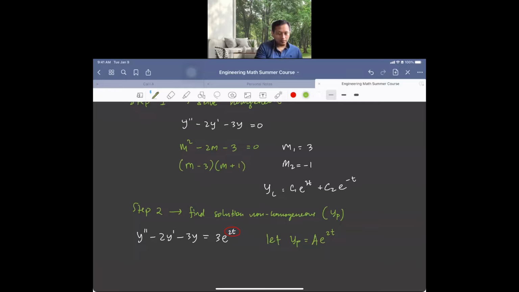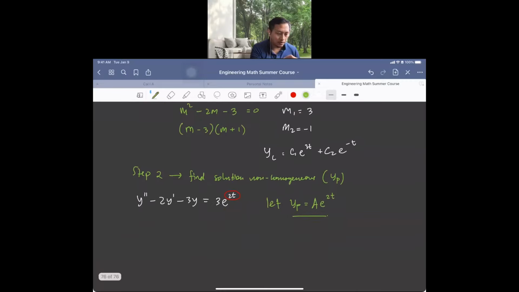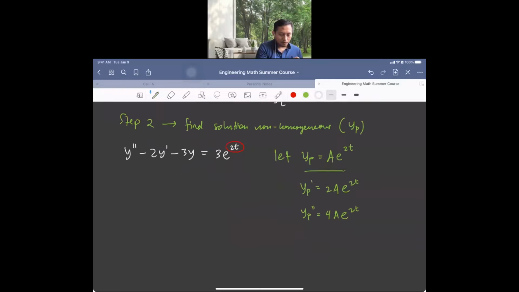And then we could check this yp as our solution. So we could take the derivatives. So yp first derivative is 2A e^2t, and taking the second derivative, it becomes 4A e^2t. Okay. And now we could substitute: 4A e^2t minus 2 times 2A e^2t minus 3A e^2t equal 3e^2t.